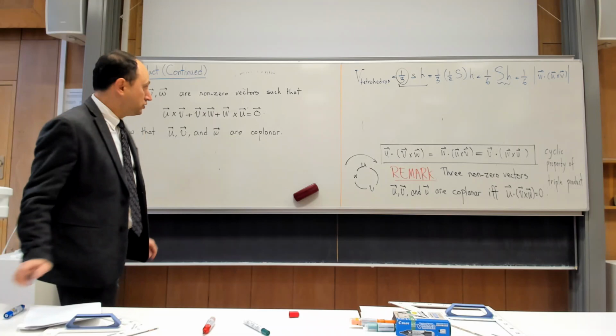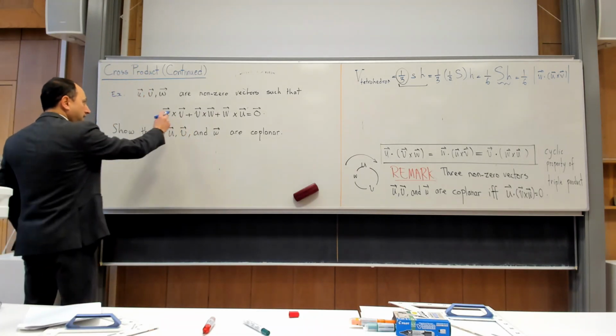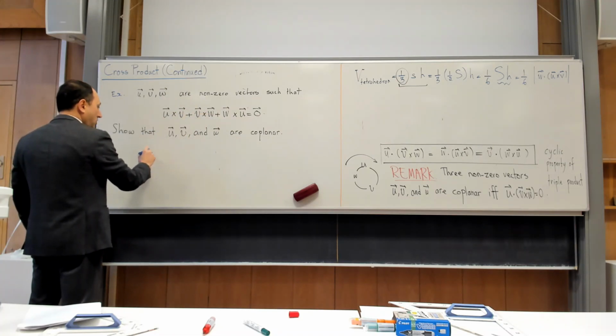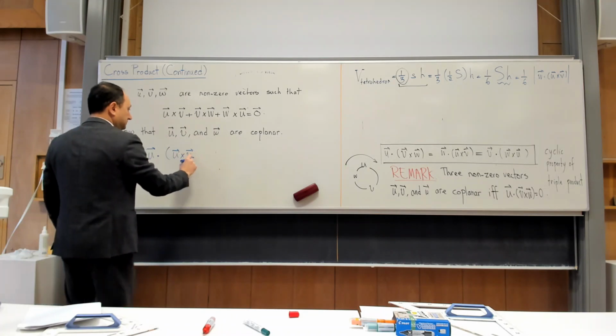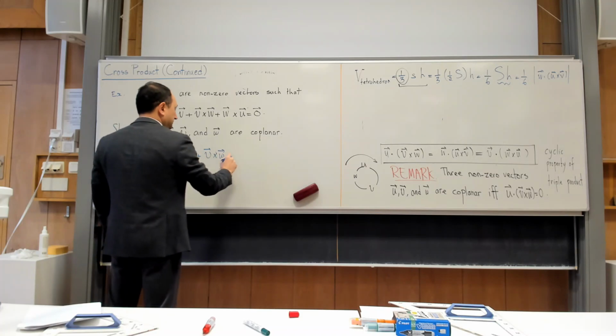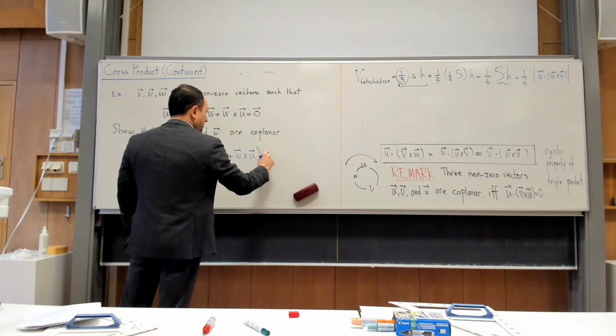So what I do, you are telling me that this combination is 0, then if this is true, you have to admit that this is also true. I want you to follow my logic.